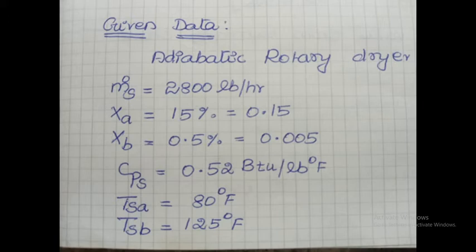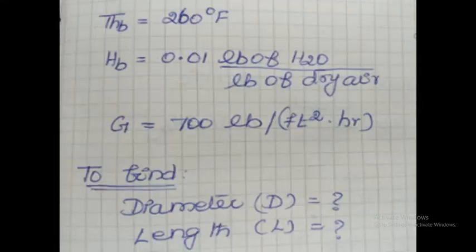Solid entering temperature TSA is 80 degrees Fahrenheit. Solid leaving temperature TSB is 125 degrees Fahrenheit. Heating air entering temperature THB 260 degrees Fahrenheit. Initial humidity HB is 0.01 pound of water per pound of dry air. Mass velocity capital G is 700 pounds per feet squared hour.